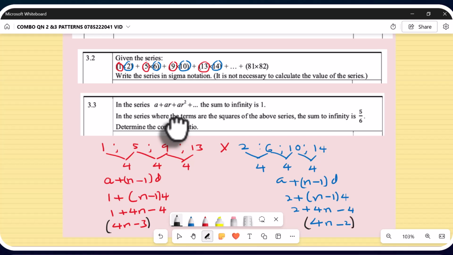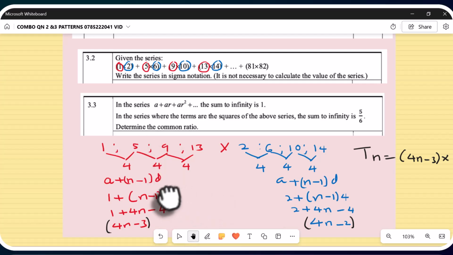Next question here is about the series a plus ar plus ar squared plus so many, up to the sum. Our sum to infinity, they have given us 1.